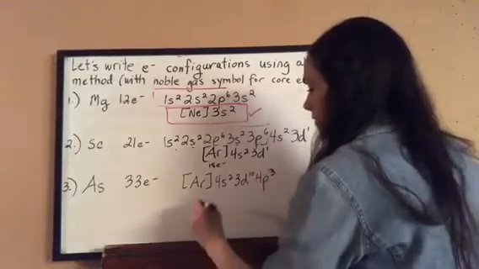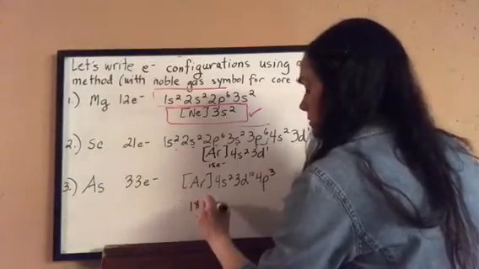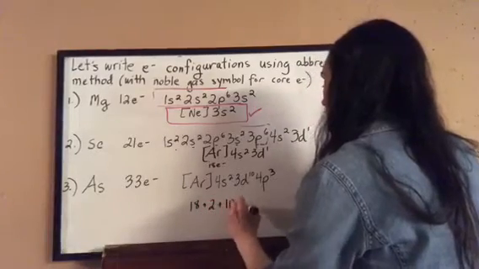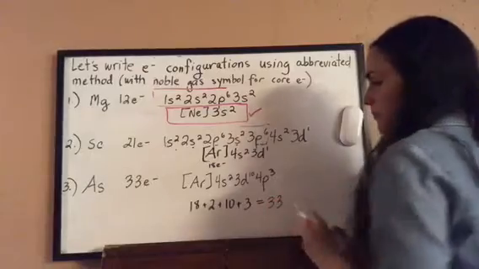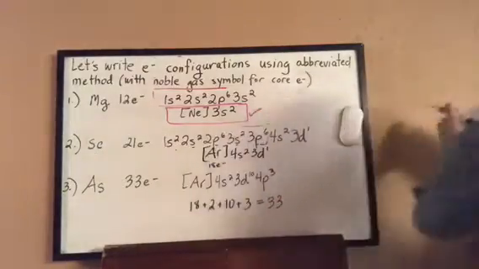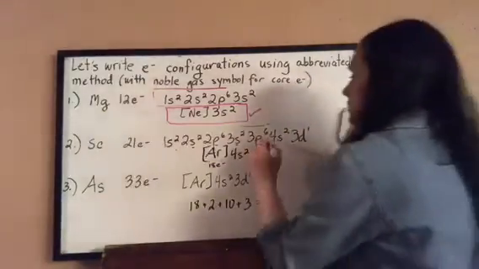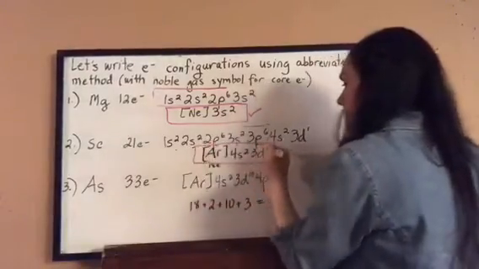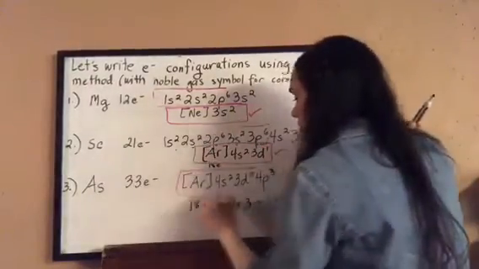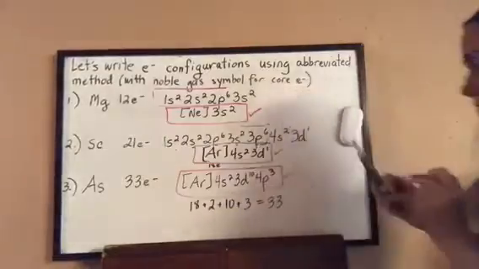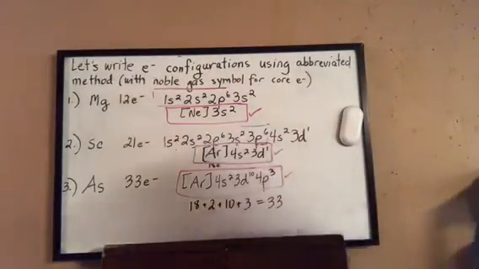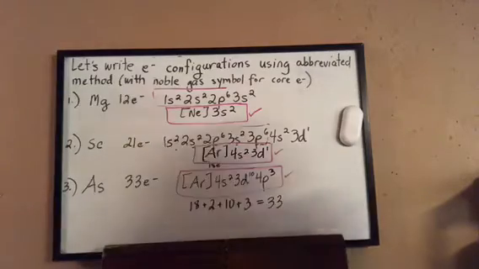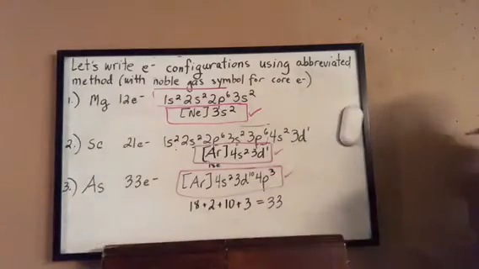Do we have our 33 electrons? 18 plus 2 plus 10 plus 3: 20, 30, 33. Now that is much easier to write out, much more simplistic than writing all of those individual sublevels. Let's do some larger atoms, larger than arsenic.